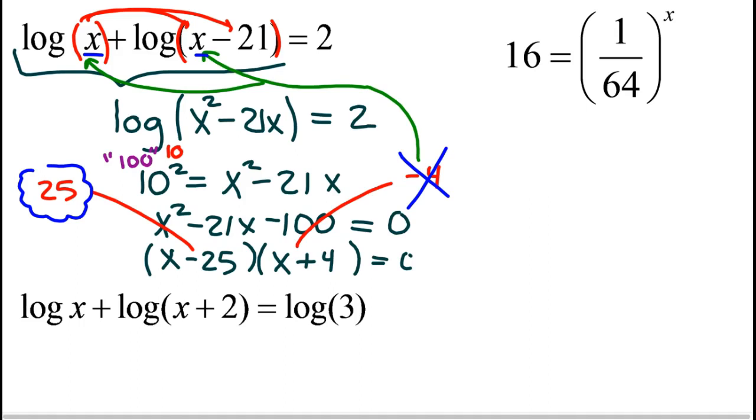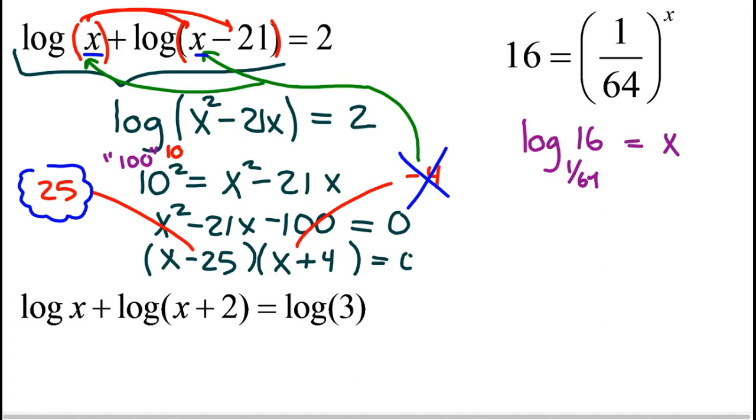So what's another strategy we can use to make some progress or have some structure to solve this problem? If we rewrote it as a log, it would be the log of 16 base 1/64 equals x, right?